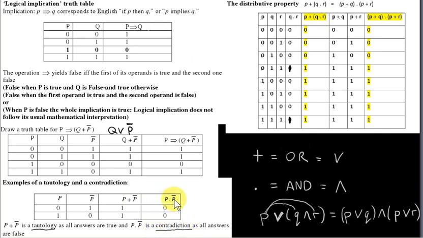So for P dot P bar, or P and not P, we look at values of P and P bar. Only if they're both true is P and P bar true. That's not the case here for these 2 rows because we have zeros appearing. So P and P bar is false. We have nothing but zeros in this column. So that shows us that P and P bar is a contradiction.